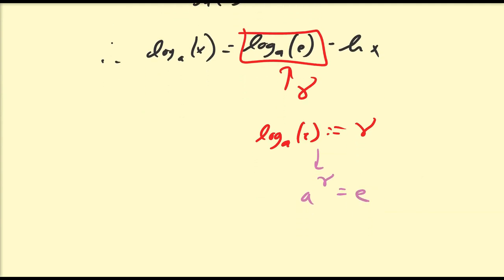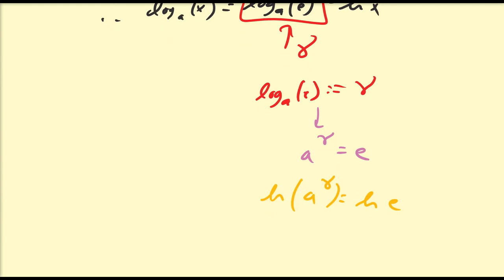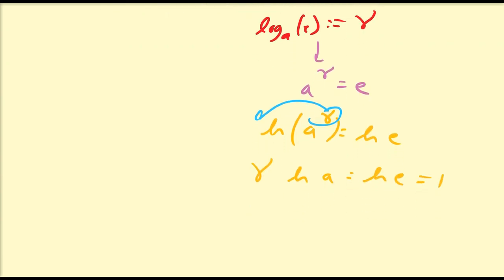Then I can take the logarithm of both sides, so the natural log of a to the gamma is equal to the natural log of e. I can bring this power down in front, giving gamma times the natural log of a equal to the natural log of e, but the natural log of e is just 1. So gamma is precisely equal to 1 over the natural log of a.